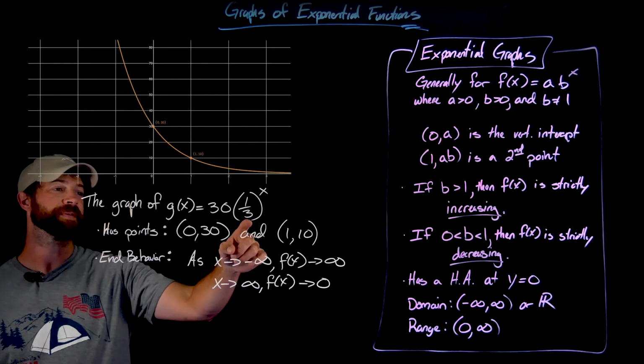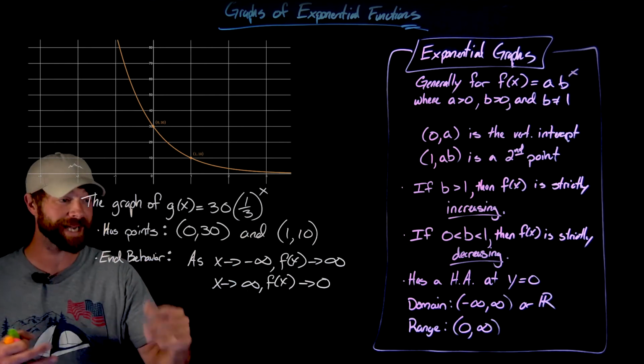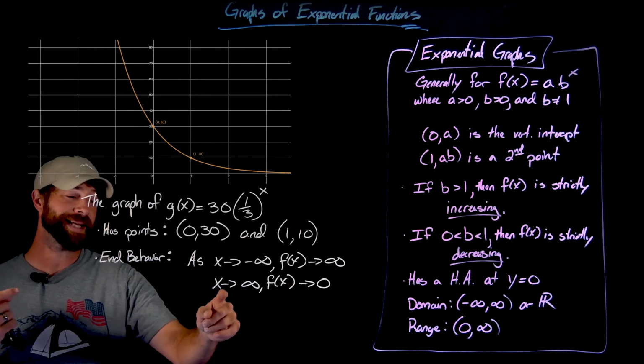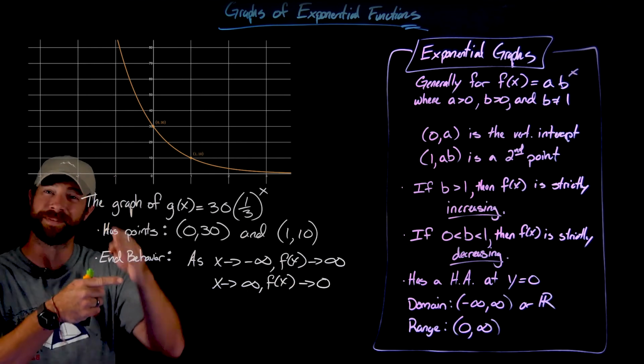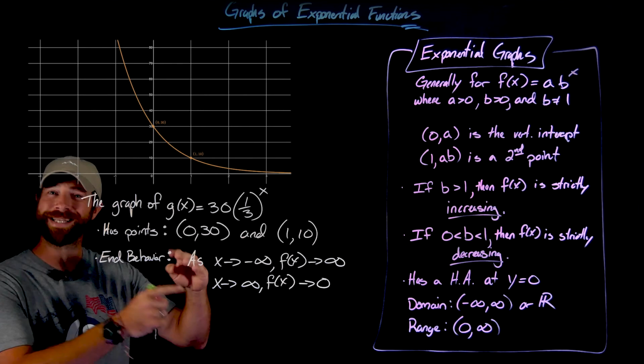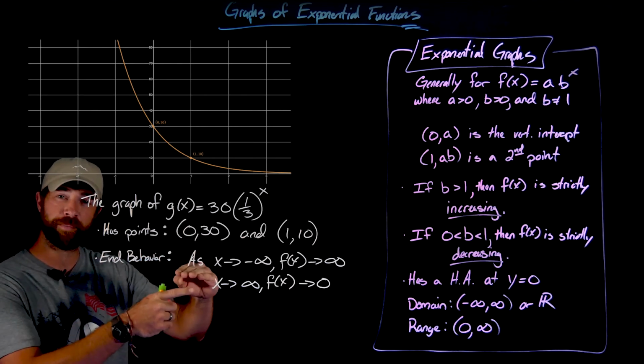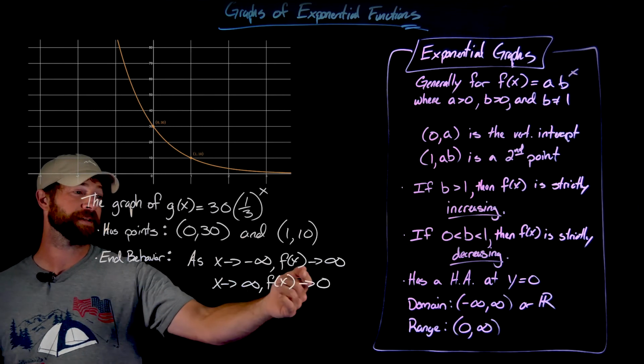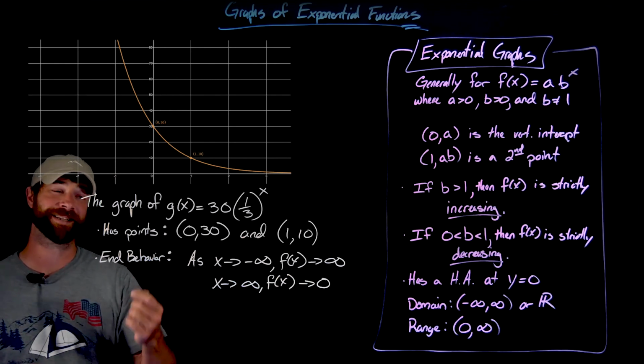In this case, when we have a decay model, we should expect that the function goes to 0 as we increase our x values, right? Because if it's decaying, as we increase time, let's say, the output goes to 0. The opposite is happening as we go to negative infinity: the function's values are getting infinitely large.